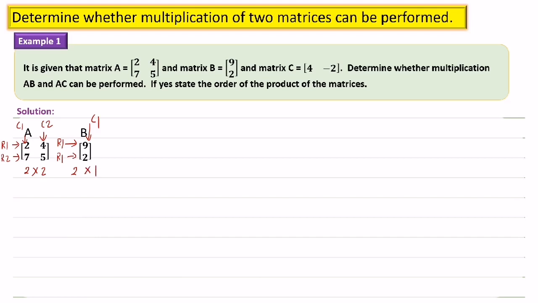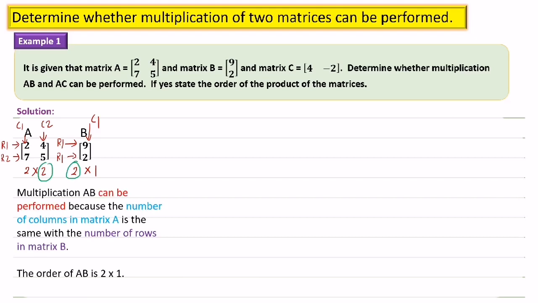Now we look at the number in the middle, 2 and 2. Same, right? So multiplication AB can be performed because the number of columns in matrix A, here 2, is the same as the number of rows in matrix B, this one.